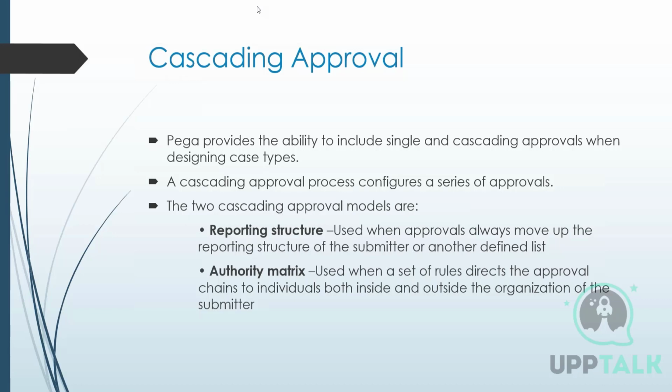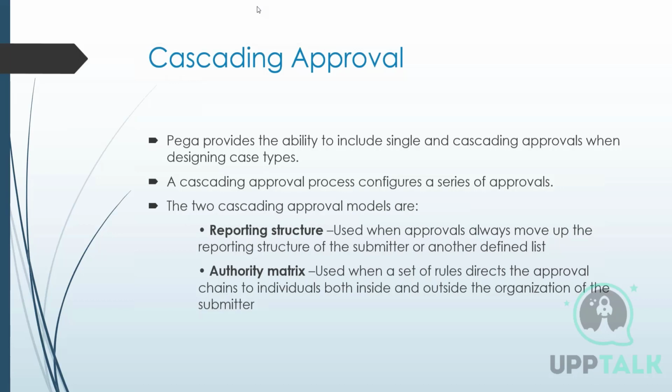For example, let's take a scenario where you are a project lead and you need to get some project level approvals for the budget. As a tech lead, you would request an approval from the manager. From the manager, it might go to the director of technology, and from him, to the vice president technology.